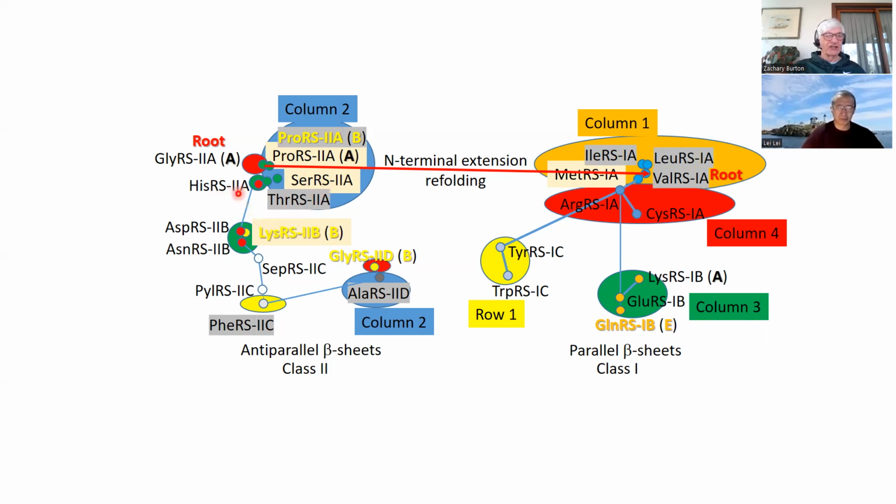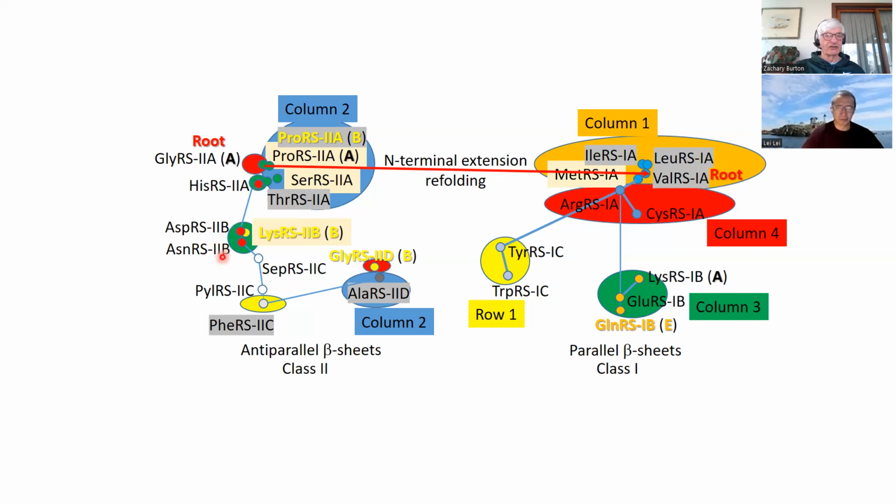And then you have HisRS 2A. I'm going to say AspRS 2A used to be, now we're in column 3, HisRS 2A, AspRS 2A, and asparagine RS, 2B. This one evolved by duplication of that one and then divergence.